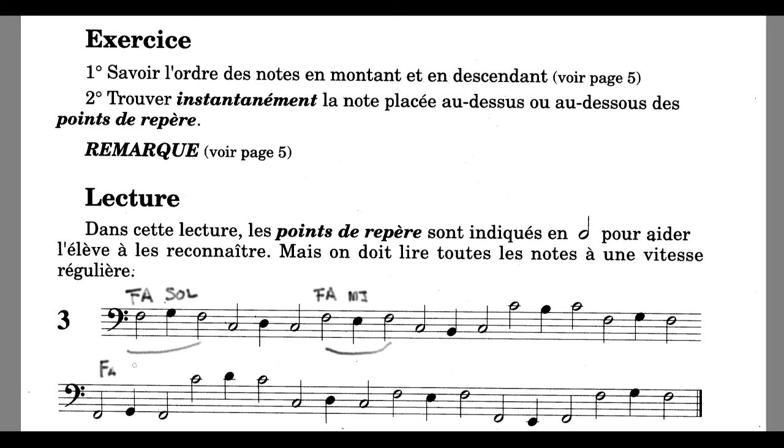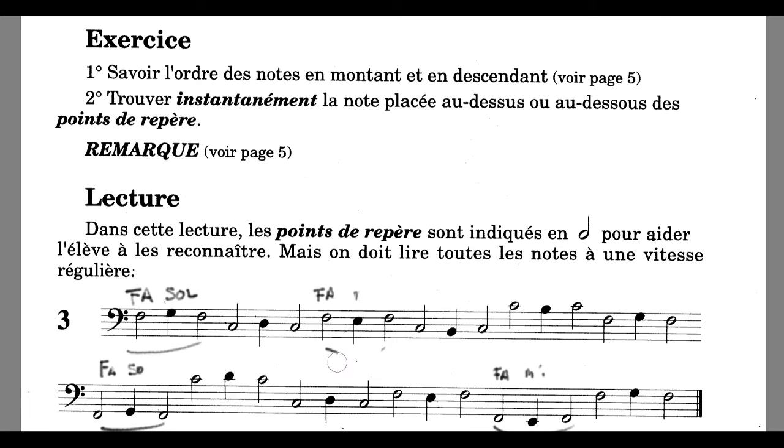Right above the fa we have sol, which means this trio of notes is fa, sol, fa. And then we have the fa on the bottom here, and then we're going to go to the mi that's right below that. So we have this trio, fa, mi, fa. And so there we have it. All the fas with the note above, which is sol, and the note below, which is mi.